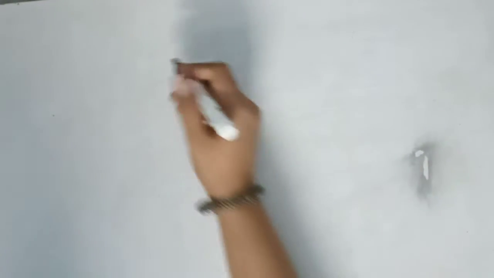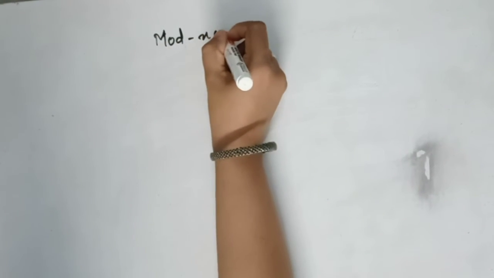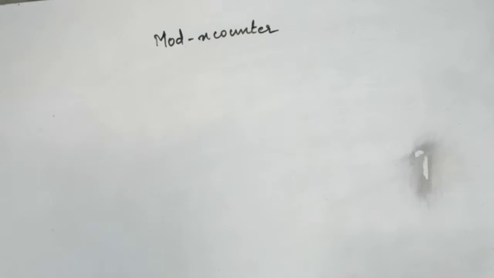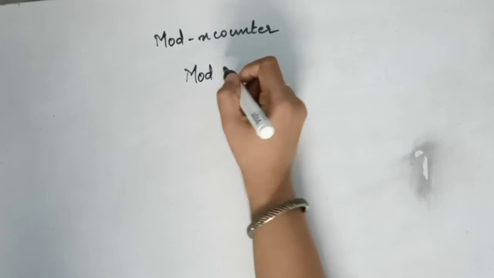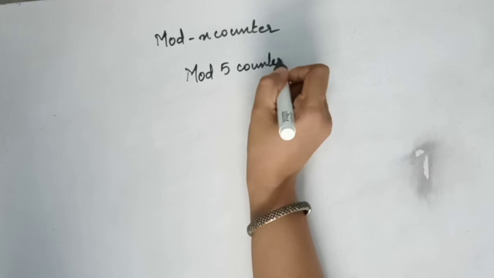Using this, there is one application, that is mode N counter. Now what is a mode N counter? Suppose you are taking a mode 5 counter. What is a mode 5 counter?